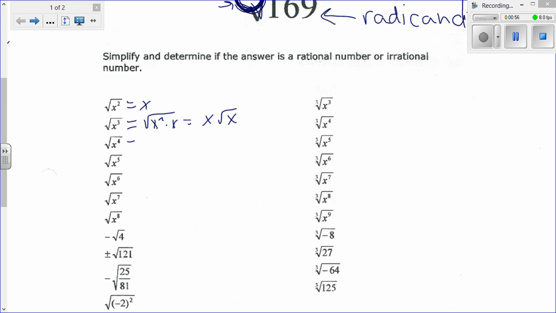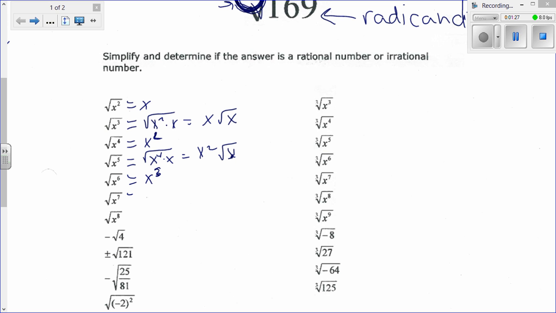The square root of x to the fourth is x squared, and the square root of x to the fifth is like saying the square root of x to the fourth times x, which is equal to x squared radical x.